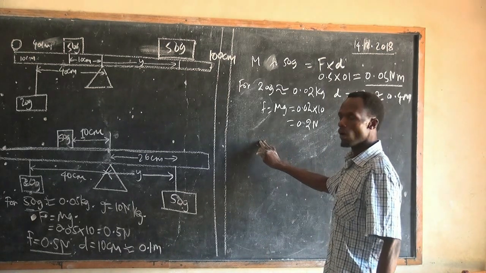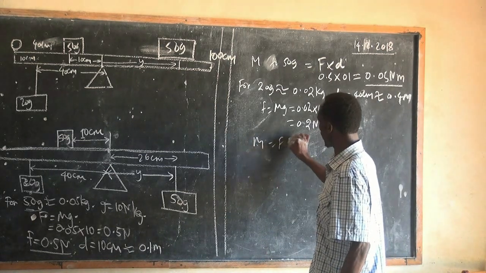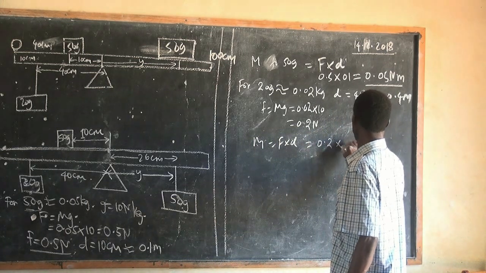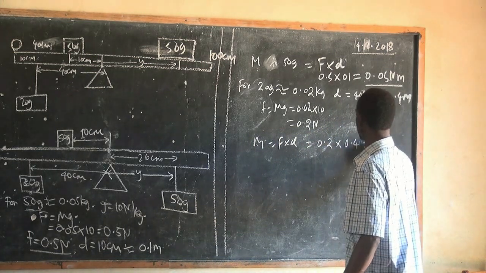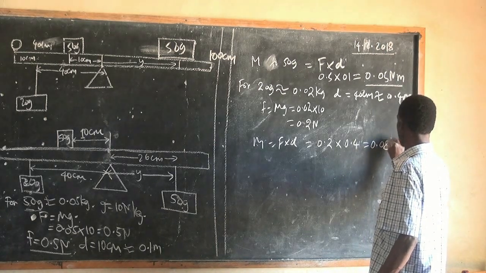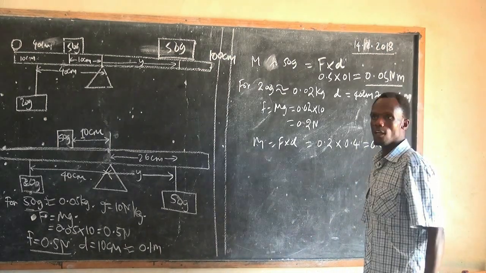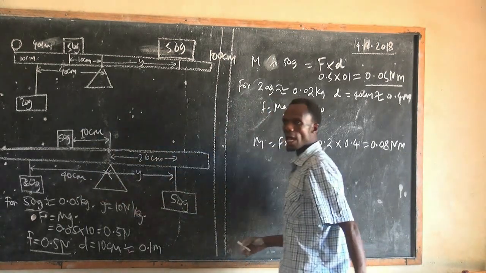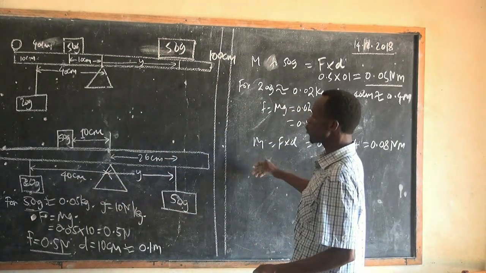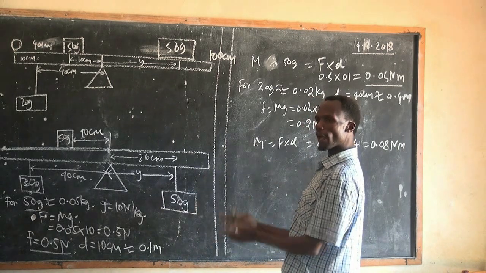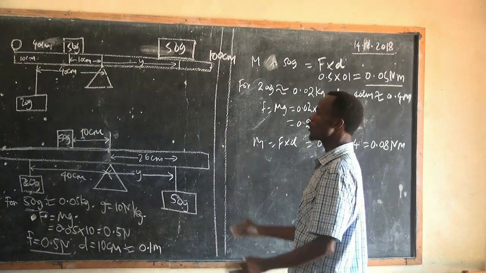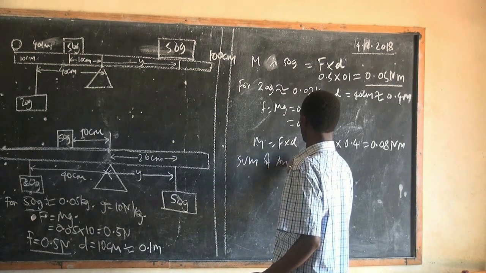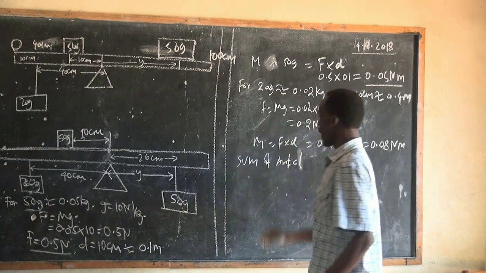Then moment is equal to force times what? Force is 0.2. Distance is now 0.4. So it is equal to 0.08 Newton meter. Because these are on the same side, we sum them together and call them the sum of anti-clockwise moment.